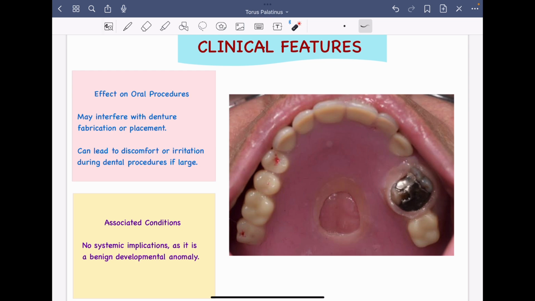No syndromes have been encountered with Torus palatinus as a part of the syndrome. It is just a benign developmental anomaly. In this case you can see this is your Torus palatinus and it is definitely affecting the placement of the denture. Here you can see a relief area is provided.